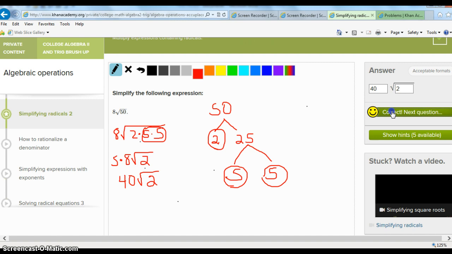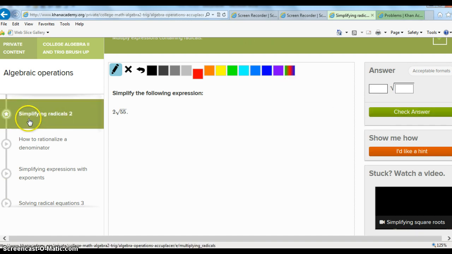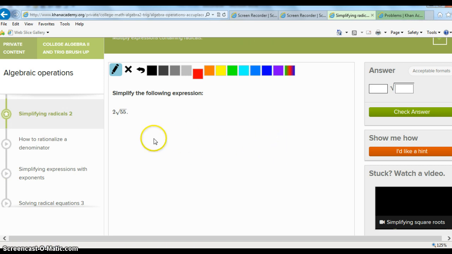Okay, let's try one more problem, and then I'll let you go to Khan Academy and do this lesson, Simplify Radicals 2. Here we have 2 times the square root of 55. I'm going to break 55 down using my prime factorization as 5 times 11.